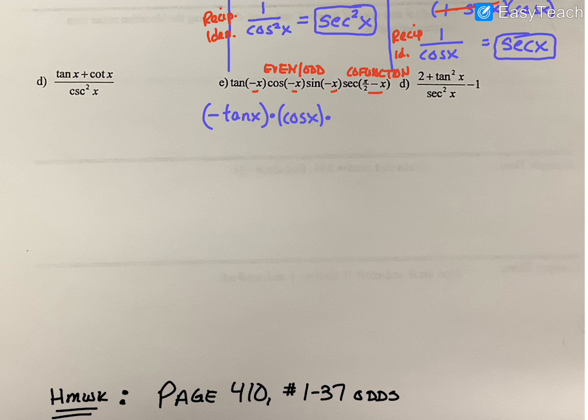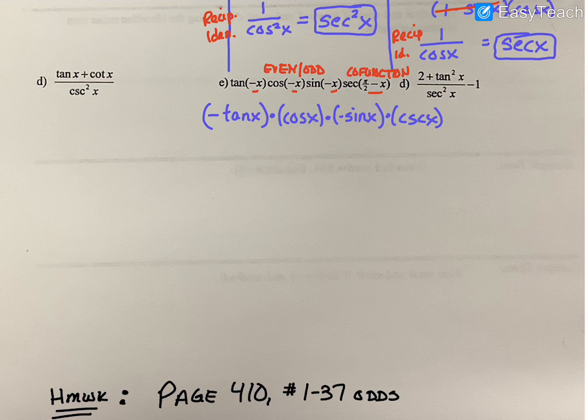Sine of negative x, according to our even odd identities, is negative sine of x. And cosecant x. Oh, excuse me, I just gave away the answer. Secant of pi over 2 minus x, according to our cofunction identities, is equivalent to cosecant x. There we go.